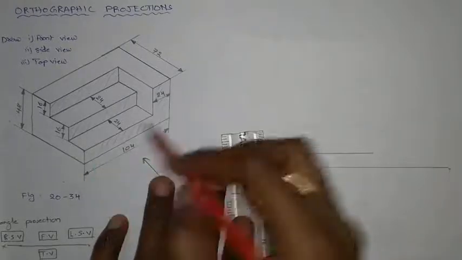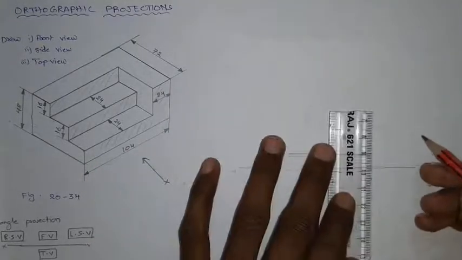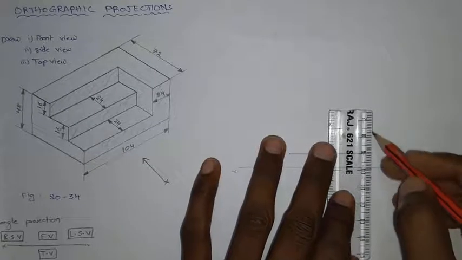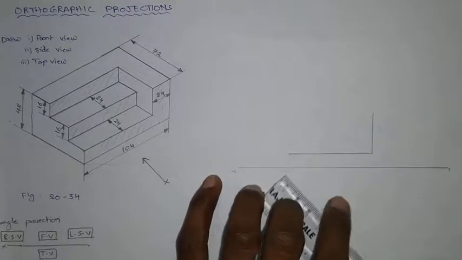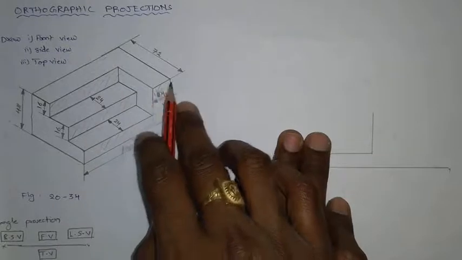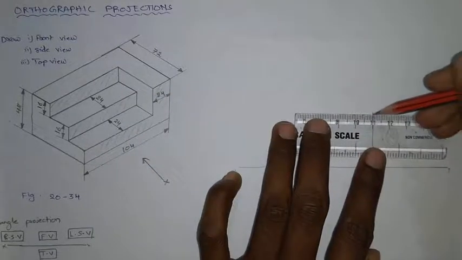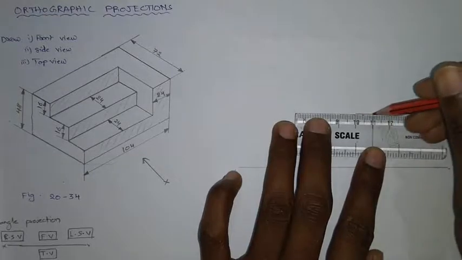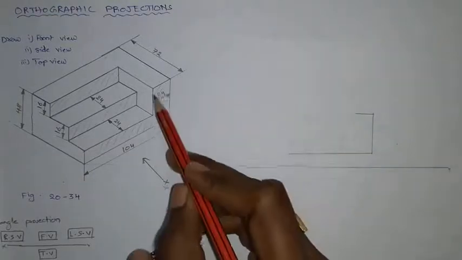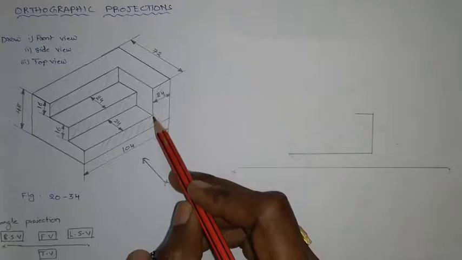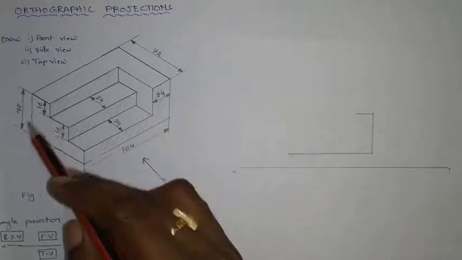And this height is how much? 48, like this. So I have drawn this portion, and what is this distance? This is given as 24. So let it be like this. And how to identify this height? You can see the total height is 48.